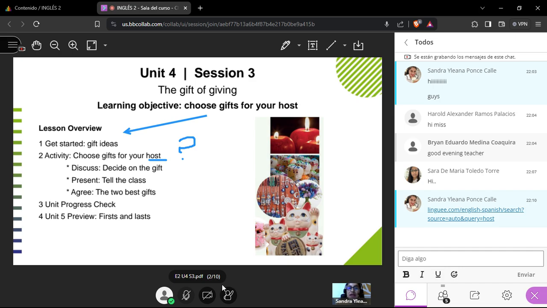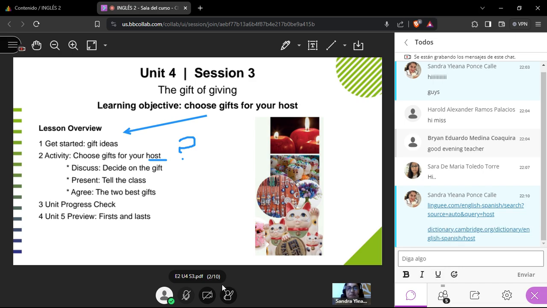And I am going to check the meaning of the word in the Cambridge Dictionary. One moment, please. And here, host. Here you have the meaning of the word in English, of course, and the different synonyms. So don't be afraid of using English dictionaries.